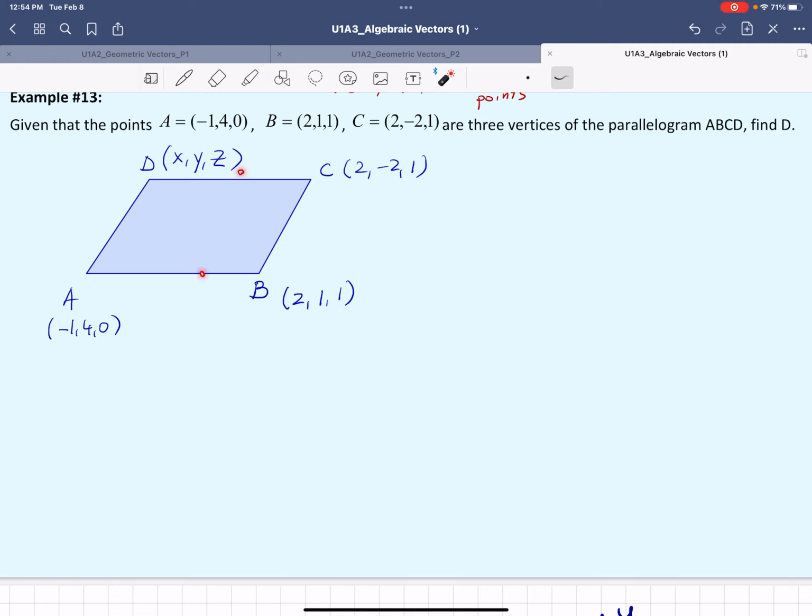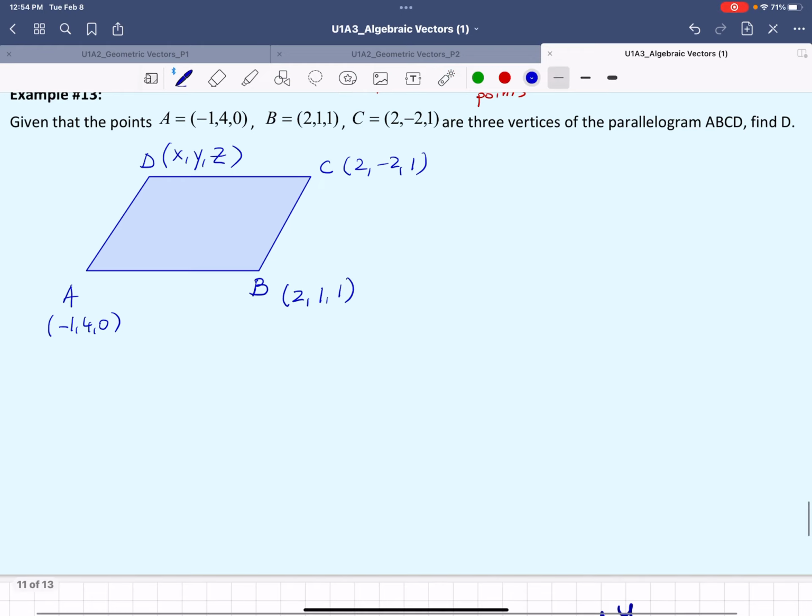And if they are parallel, then the other two sides have to be parallel as well. Another way of proving that this is a parallelogram is by finding the magnitude of each side and then comparing the respective sides. I am going to try to prove this by using the parallel sides.